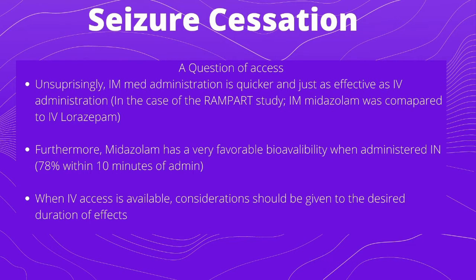Which benzo is preferred then? I tried to find studies comparing midazolam and lorazepam when they were both administered IV, but was unable to find any. Therefore, I would suggest that the decision on which of these to use should be based off the desired duration of effects. IV midazolam has a duration approaching 60 minutes, while IV lorazepam approaches 120 minutes.